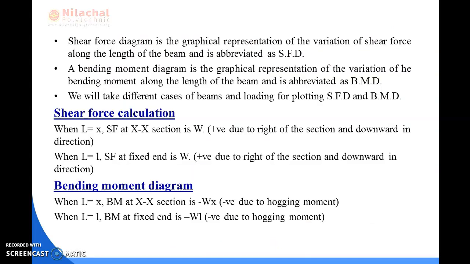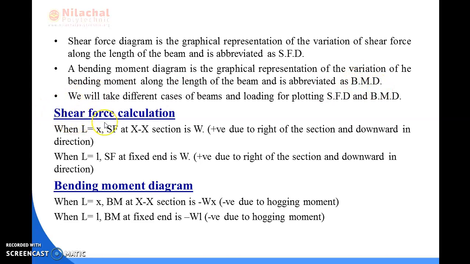The shear force diagram is the graphical representation of the variation of shear force along the length of the beam and is abbreviated as SFD. Similarly, the bending moment diagram is BMD. So let's start the calculation part.